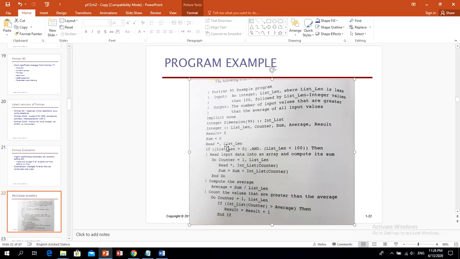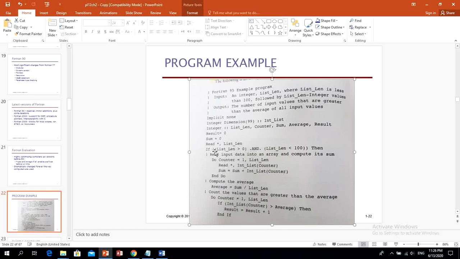Read means input from the keyboard, and here it uses a logical statement like the if statement. Between two parentheses you will find an expression, and then another expression, and then the word then. So if this is true, then read means input data into the array and compute it, and so forth.